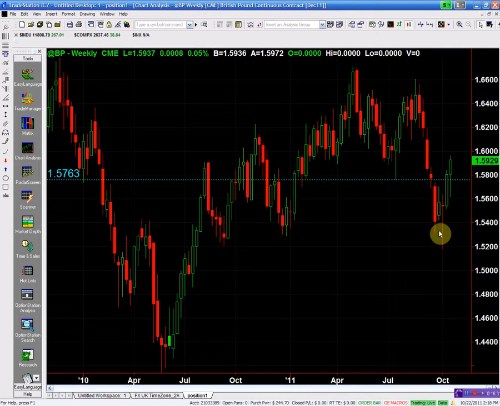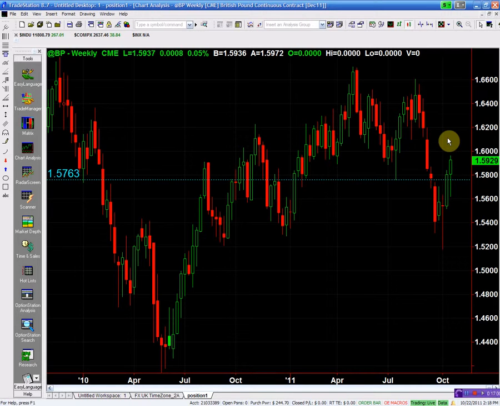This is a technically strong close because we came back above the structure point. We had a strong close. The following day we had a push down, but we returned back. We took the previous daily high. We are above the structure point, and we had a very good close. So the bias now is that so far this looks to be the strongest currency, the British pound, believe it or not.